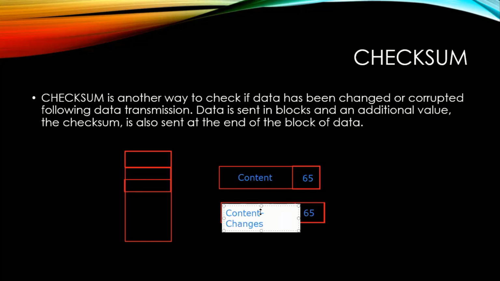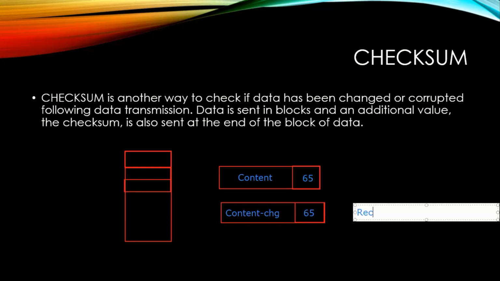So basically at the receiving end, we're going to recompute the checksum value from the content, and if this value doesn't match that value which is attached to the packet, we know that there is an error. Okay, so content has changed.